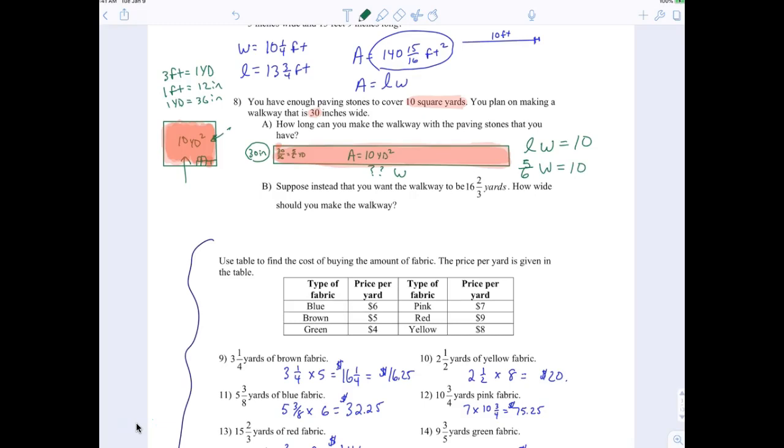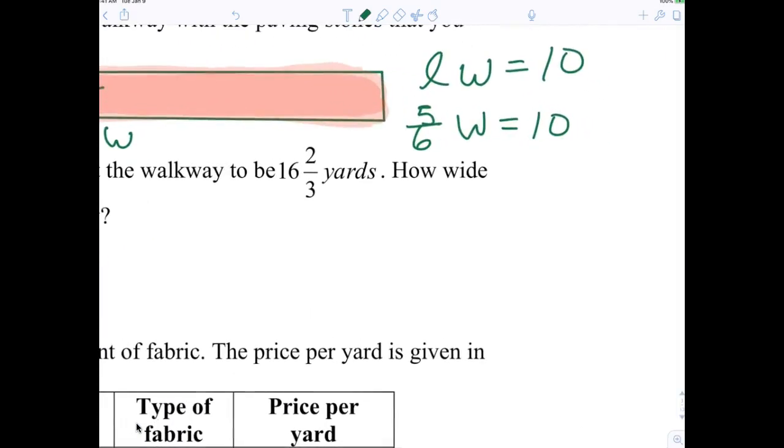Now, how do I solve this little equation? How do we solve a fraction? Multiply by the reciprocal. All right? So to solve this, we're going to multiply both sides by 6/5. Or we can just divide. On your calculator, you type in 10 times 6/5.